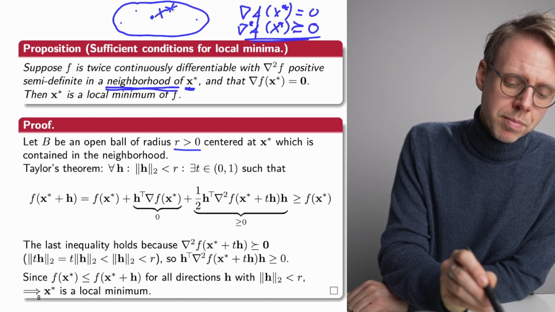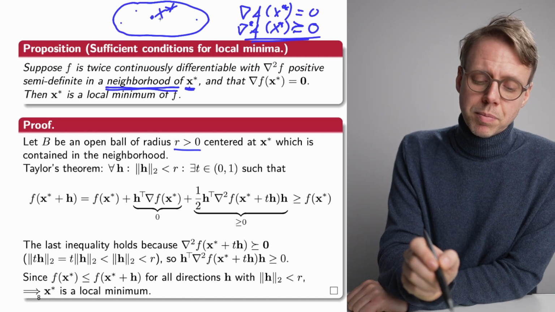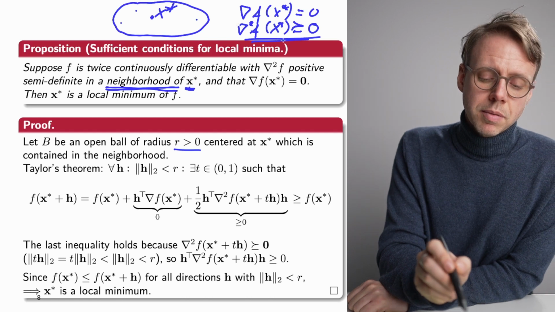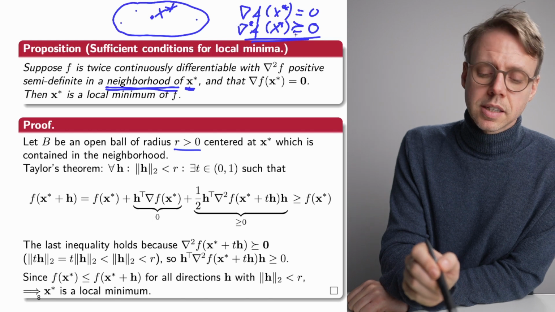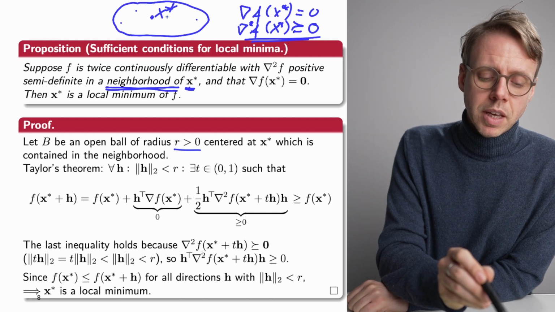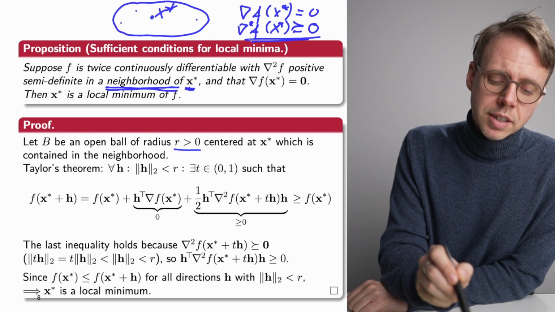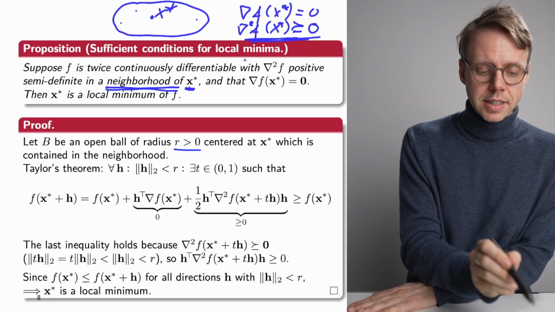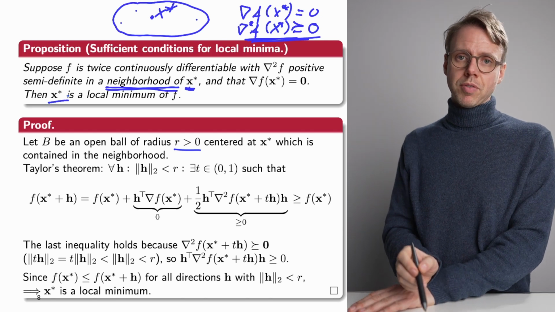If we had a minimum, then we would know that at this minimum, the Hessian is positive semi-definite, but rather we say that we have a point where the gradient is equal to 0, and at this point and in the neighborhood around this point, the Hessian is positive semi-definite. Then we can do the reverse and say, then x star is a local minimum of the function f.